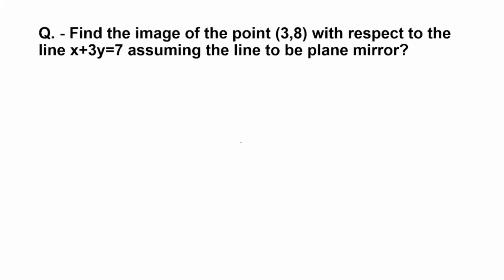Now we will do this question. Find the image of the point 3, 8 with respect to the line x plus 3y is equal to 7, assuming the line to be a plane mirror. So to find the coordinates of the image, first we have to find the values of x1, y1, a, b and c.